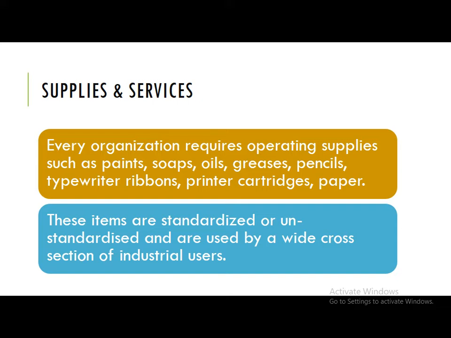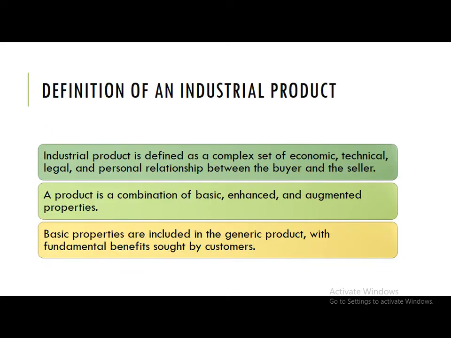To achieve the twin objectives, the product strategies are formulated. The product strategies include important aspects such as continuing, modifying, and dropping an existing product and developing the new product as well. Now we will define the industrial product.